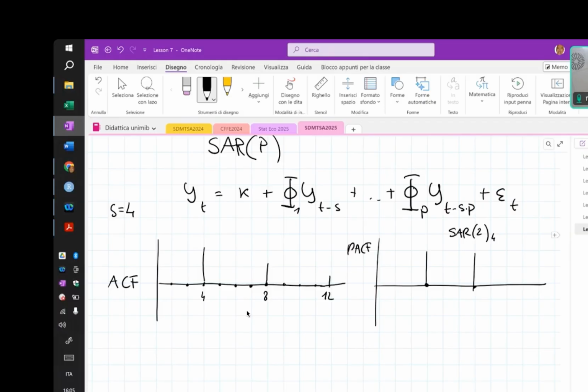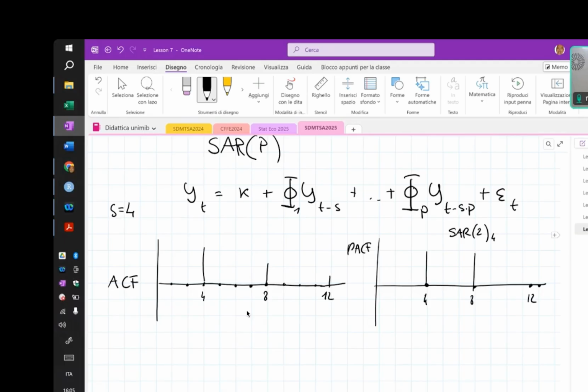Okay? So this would be 4, this would be 8, and here 12 is going to be 0. Okay. So it's just the same as the ACF and PACF of the non-seasonal one, but everything happens just on the multiples of the seasonal period.